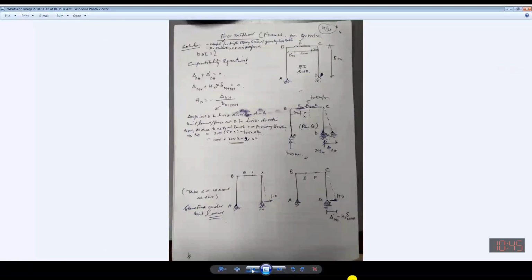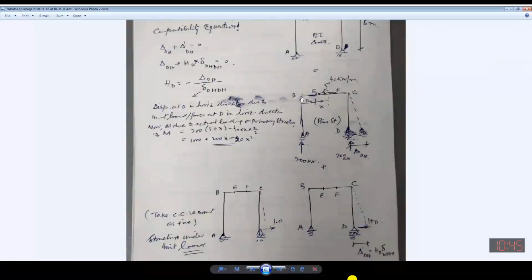Wherever there is a change in load, wherever there is a change in orientation of the member, that should be separated. Now this is a vertical column, one segment. Now there is a change, the load is changing, means there is no load, but over there it starts.